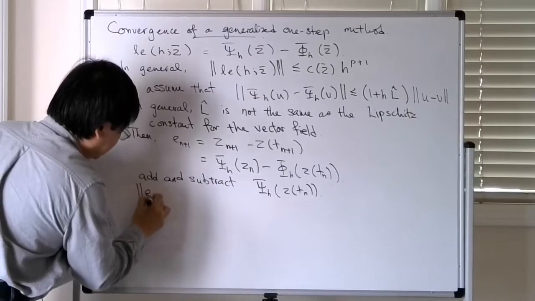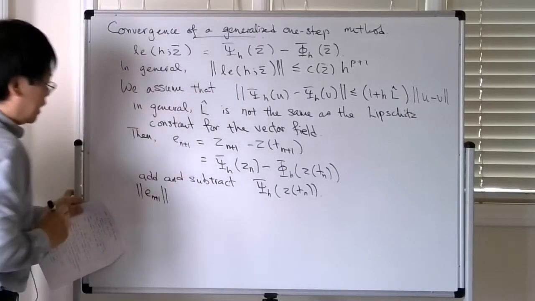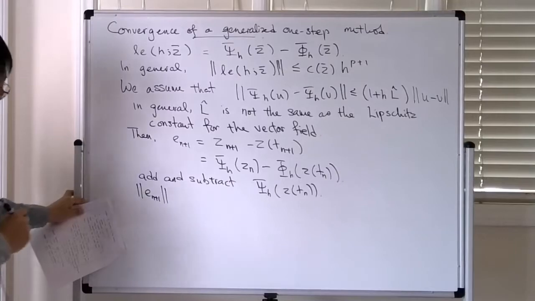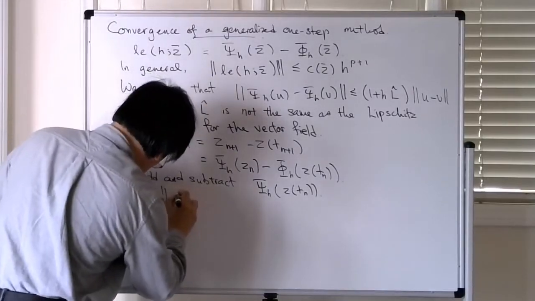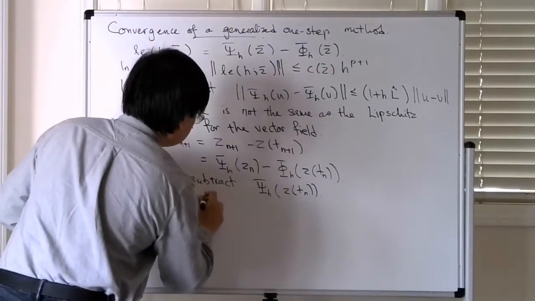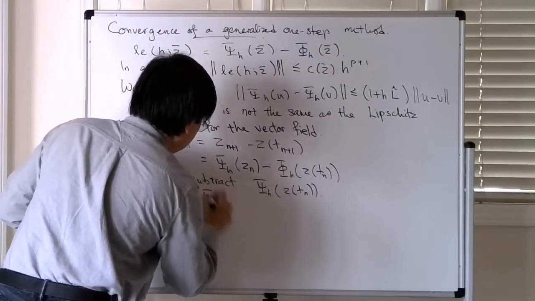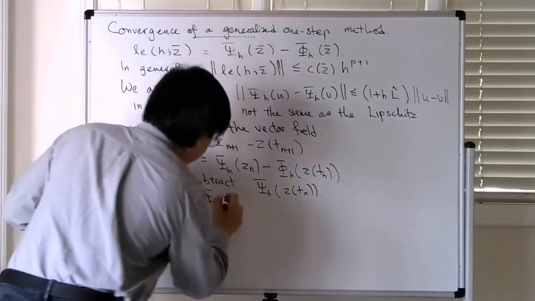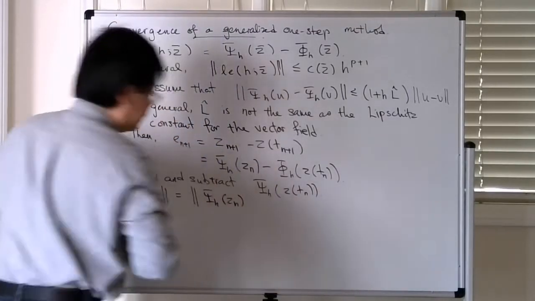So the norm of the error at the n plus 1 time is equal to the norm of the numerical flow applied to the numerical solution at time tn.